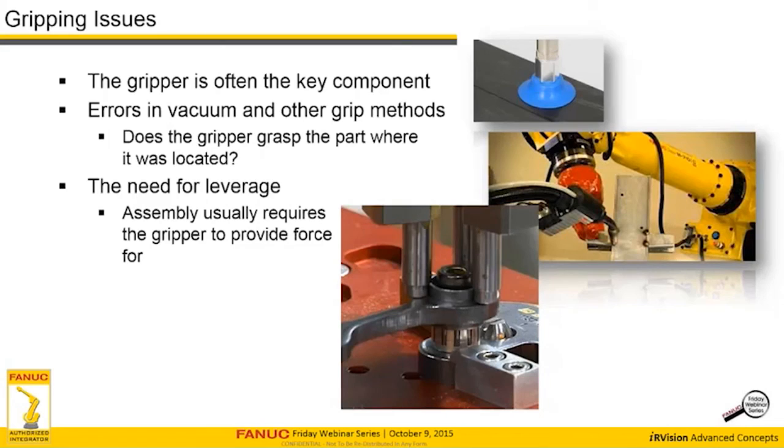Finally, the need for leverage when we're talking about gripping. Look at the image right in the center there. We have a 3-finger gripper, and that's perfectly fine. What if that 3-finger gripper, though, was able, under force, to allow the part to move a little bit? We'd no longer have control of that part, and we wouldn't be able to push that part onto the bearing that you see just below the large piece of metal that the three fingers are holding.